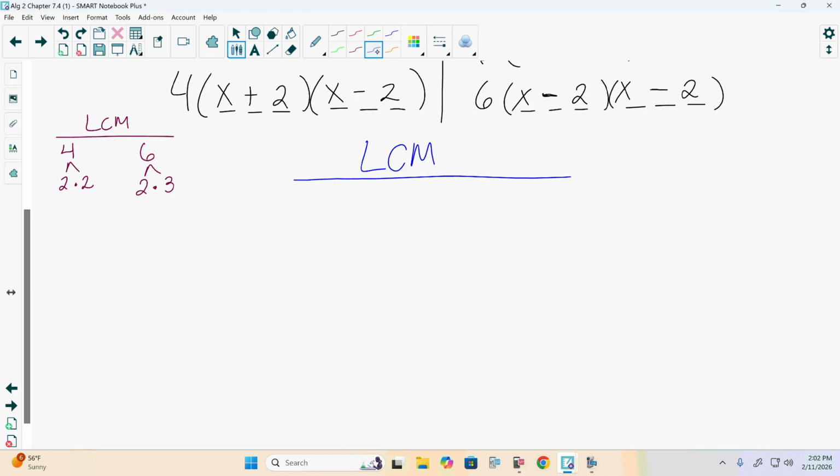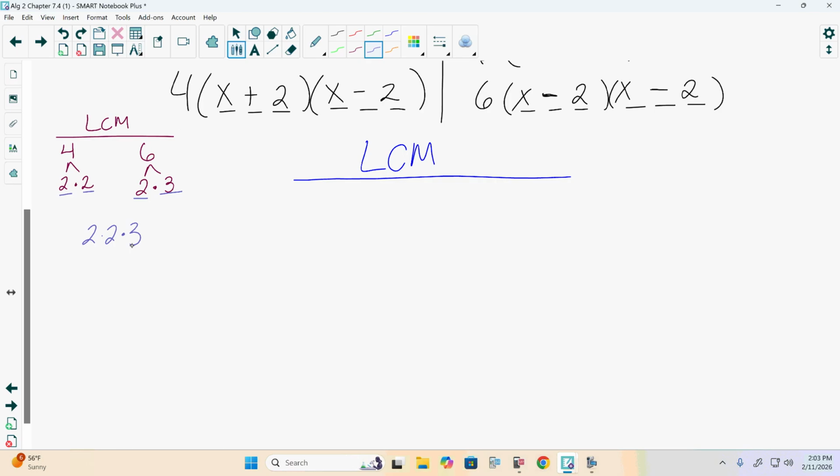So we look at this here. 4 has 2 factors of 2. That's actually all it has. 6 has how many factors of 2? 1. Which one has the most? 4. And it has 2 of them, so we need it listed twice. 6 has 1 factor of 3. 4 has none, so we need it once.